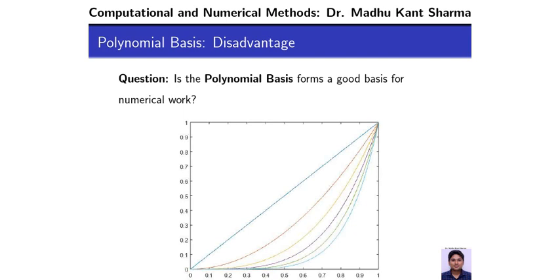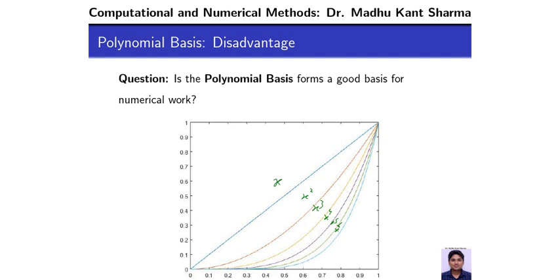So now, as noted from the result, there is a unique interpolating polynomial. However, there may be different representations of the same polynomial. The other interpolating polynomial which we are going to learn is the Lagrange form of the interpolating polynomial.